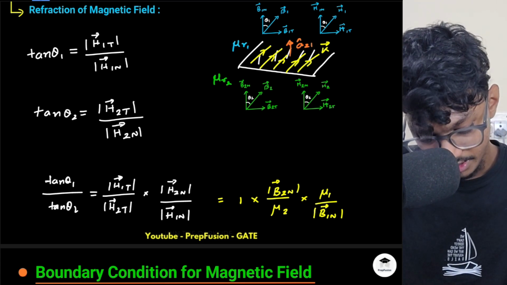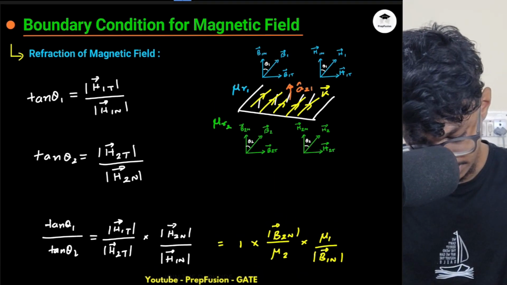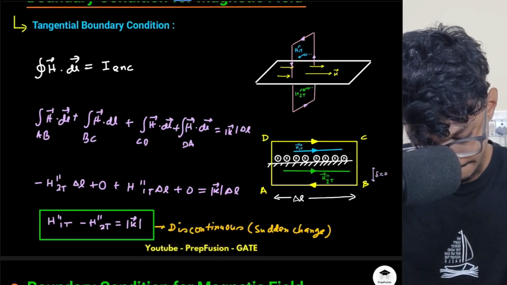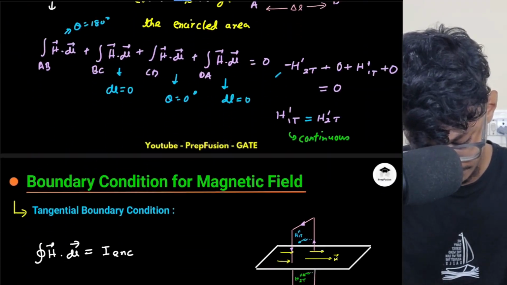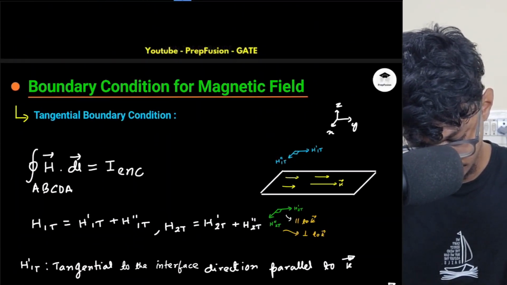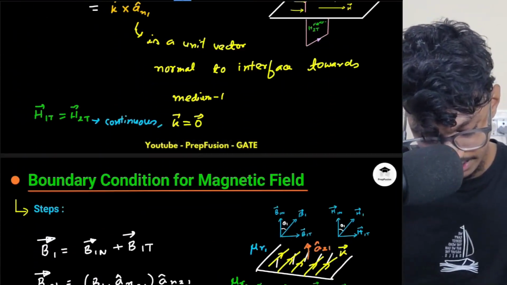So from here you find this relationship: you know that B2n and B1n are equal from the boundary conditions. This was the tangential one. Here B1n and B2n are equal.